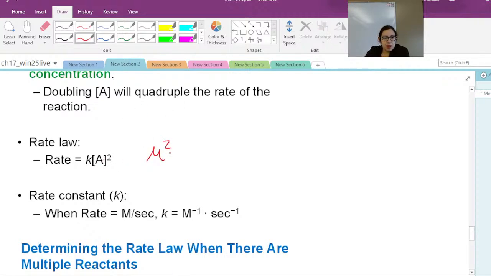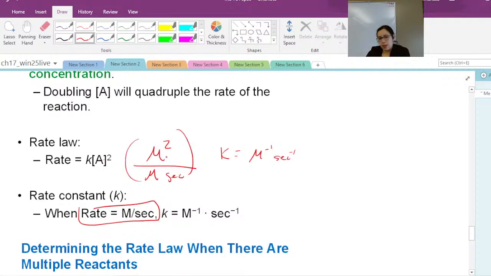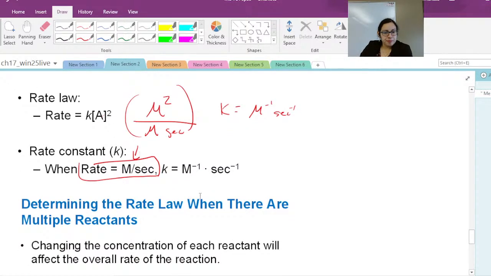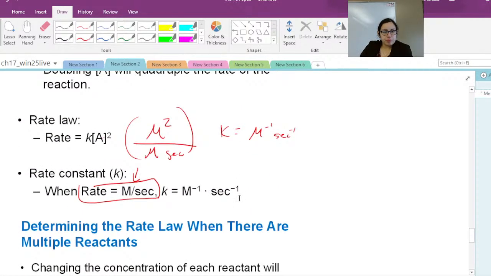If this is going to be M squared, then to get back to our rate, K is given in inverse molarity per second, so that it cancels out to give you the rate again. So just watch those units. That's why I like the cheat sheet to help you. So could you call the first order linear and the second order quadratic? Yeah.